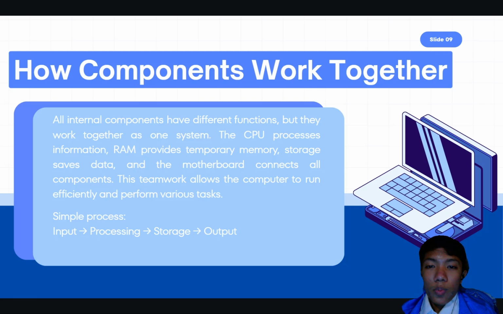This cooperation enables the computer to perform tasks quickly and efficiently. The process can be summarized as input, processing, storage, and output. Without teamwork between these components, the computer will not be able to function properly.